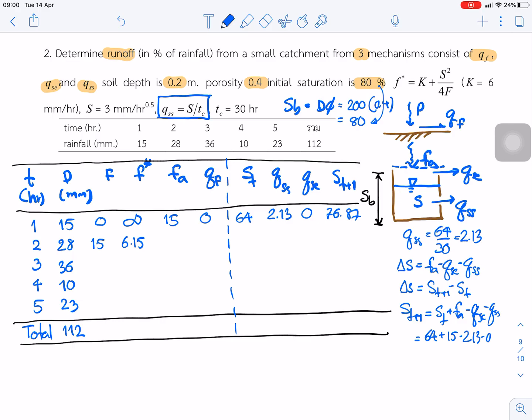We can move to the next step, where the storage is 76.87.